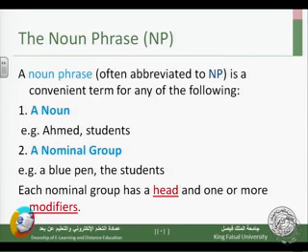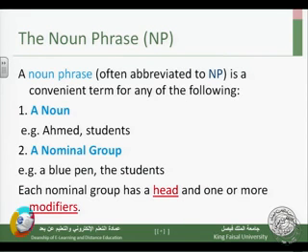So it can be used to refer to the noun, even though nouns here are single words like Ahmed and student, and as we said, phrases are two or more words, but as a convenient way, some grammarians prefer to use NP to refer to nouns, even though they are one word. So they are not actually a phrase according to the definition we provided earlier, but it is more convenient to use NP to label these when we talk about grammatical structures.